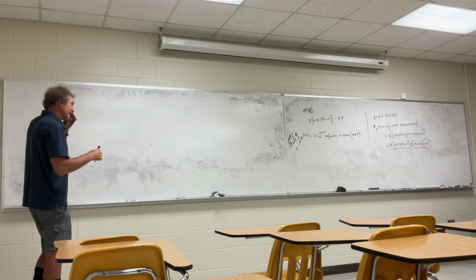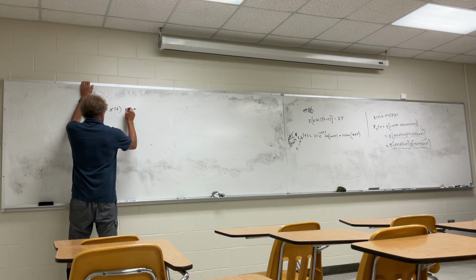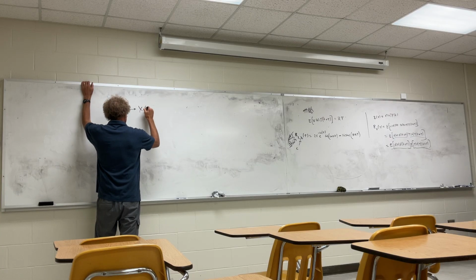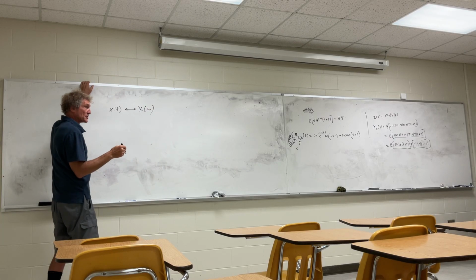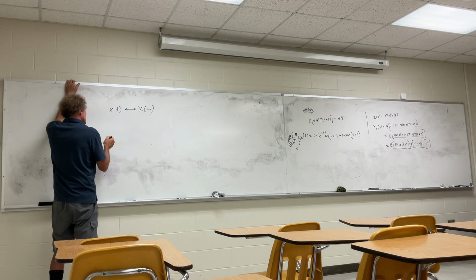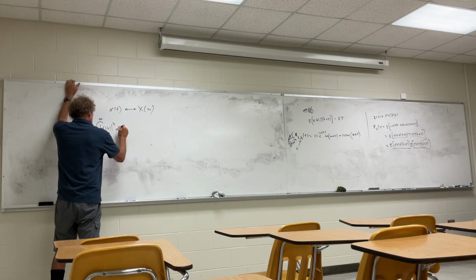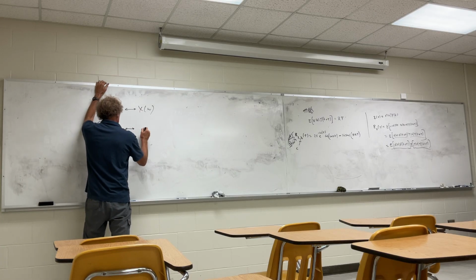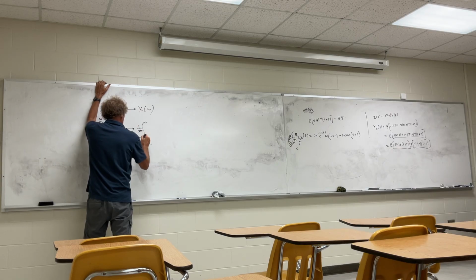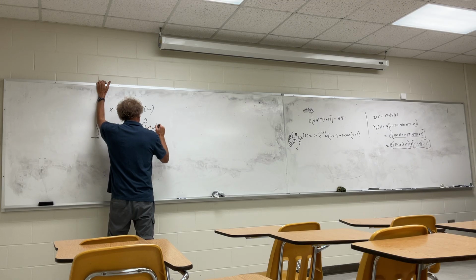But if you have a function, any function at all, like x of t, and the Fourier transform of that is some x of omega, then there's a relationship that if this is a time-limited signal or an energy signal, then the integral from minus infinity to infinity of the magnitude of x of t squared dt will actually be equal to 1 over 2 pi times the integral from minus infinity to infinity of the magnitude of x of omega squared d omega.